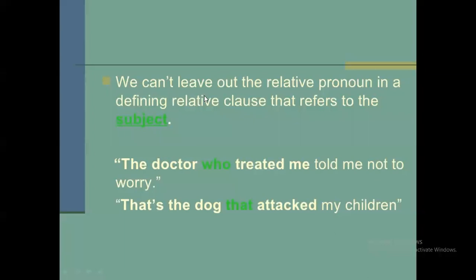We can't leave out the relative pronoun in a definite relative clause that refers to the subject. The doctor who treated me told me not to worry. Who treated me. هذا أنا ما بقدر أتركه. ليش؟ لأنه بعرف subject ما عرف الأوبجكت زي الأمثلة السابقة.